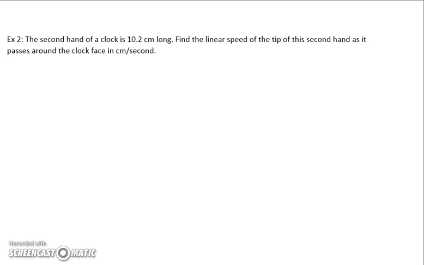So if we think about our linear speed, remember we have to say it's V equals S over T. So we need to think about what S is. So remember S is R theta. So we know R, second hand of a clock, is 10.2 centimeters long. So if you think about that as the radius of a circle, we know R is going to be 10.2.